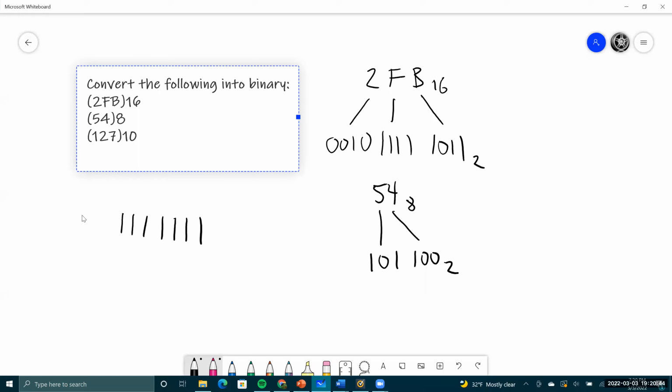The other way is my powers of 2. It's 1, 2, 4, 8, 16, 32, 64, 128. So 127 is 1 less than 128. So I would just take the top number, subtract 1, and I'll end up with a number below.